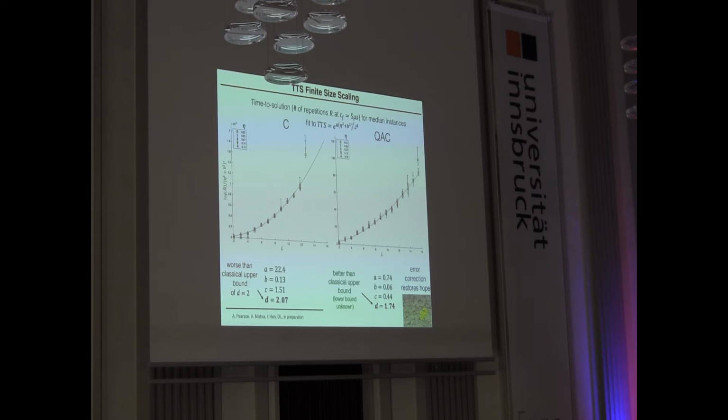Okay, so the nice conclusion from this technique is that error correction restores hope, in the sense that we are now definitely beating the classical deterministic scheme, and we absolutely want to be there. I'm not saying that this proves any kind of speed up relative to classical, but this absolutely proves a slowdown. Right? Whereas this gives us reason to believe that there could be a speed up.